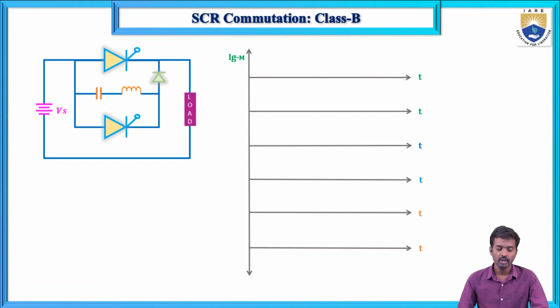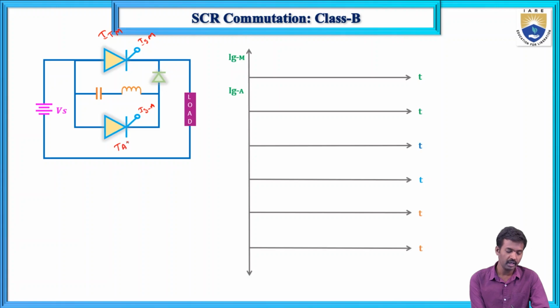Now if you draw the waveforms, these are the waveforms. First, the gate current IGM, and next the auxiliary thyristor gate current IGA.